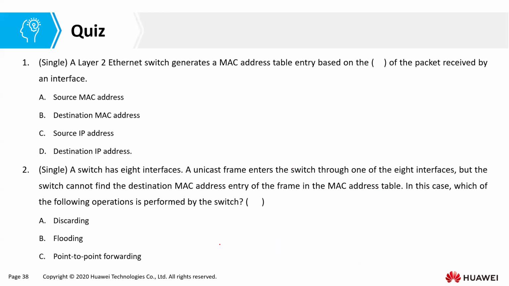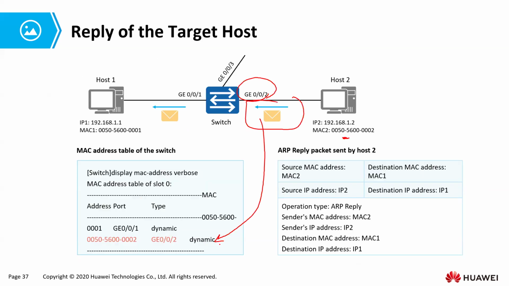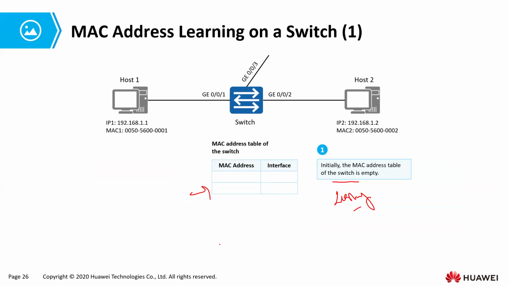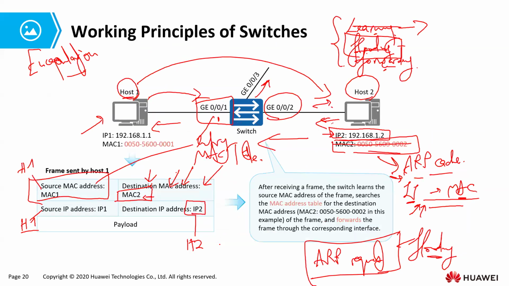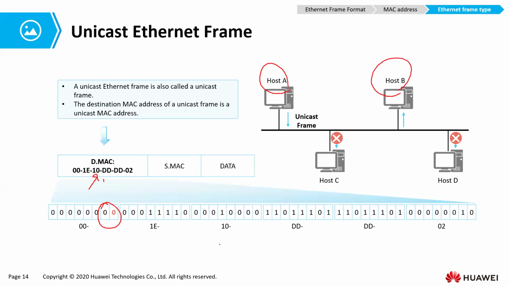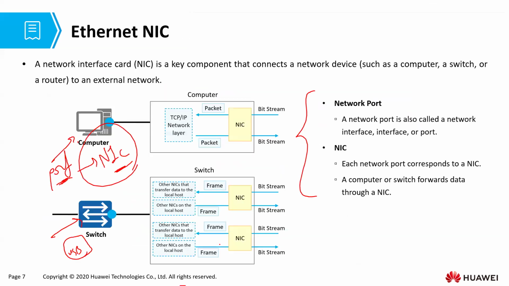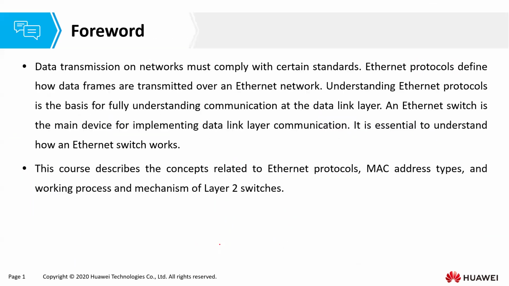So in summary, what's important is understanding layer 2 switching. Layer 2 switching uses mainly the Ethernet protocol, which is the protocol which defines our MAC addresses.